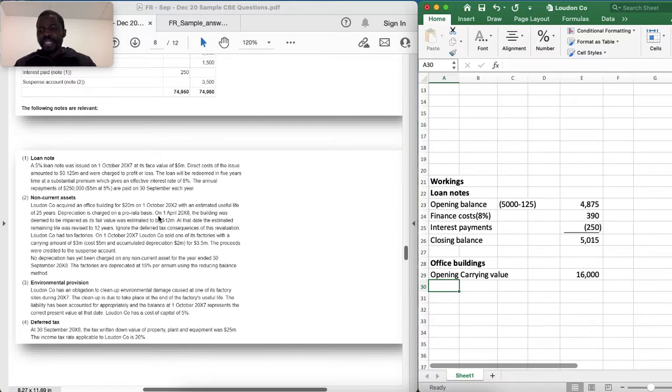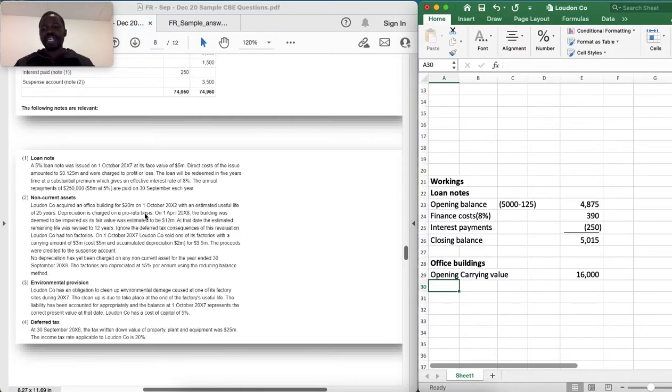Then let's go back. On 1 April, we are now reading here. On 1 April, the building was deemed to be impaired as its fair value was estimated to be 12 million. So we need to find the depreciation from 1 October 20x7 up to 1 April 20x8. So we'll say October, November, December, January, February, March.